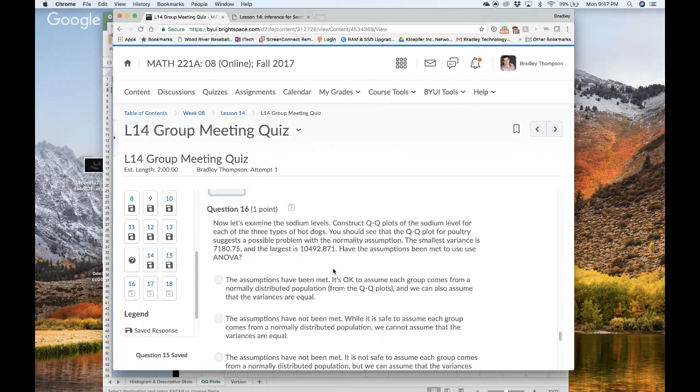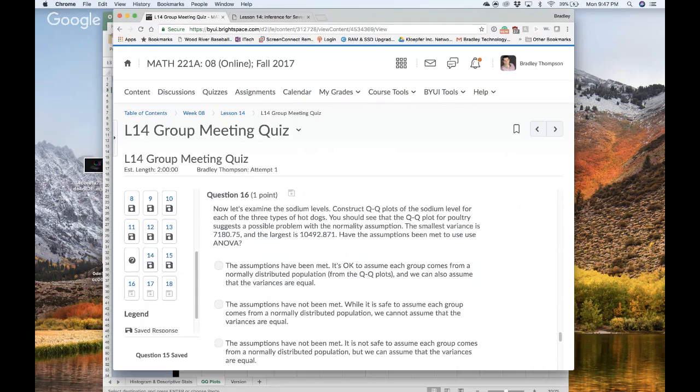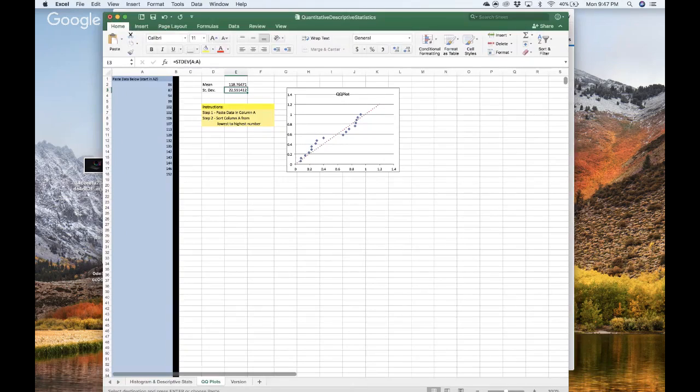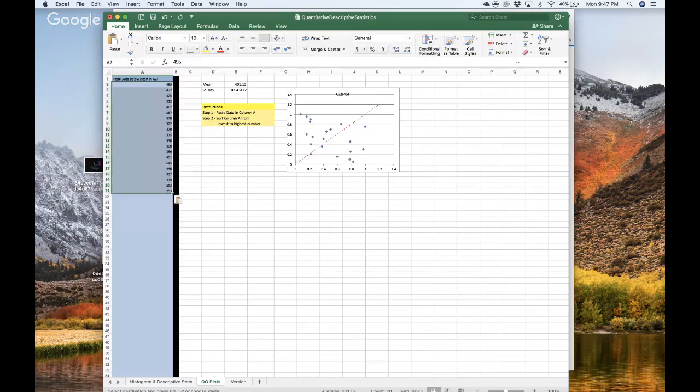Now let's examine the sodium levels. Okay, so I will do that really quick. Sodium. Okay, so here's the beef sodium levels.